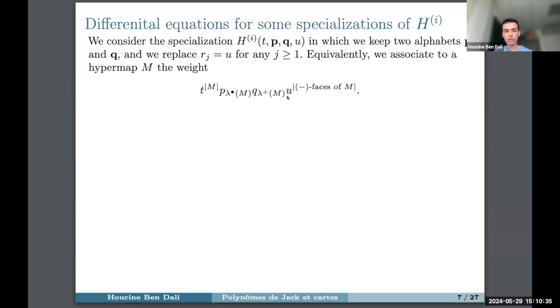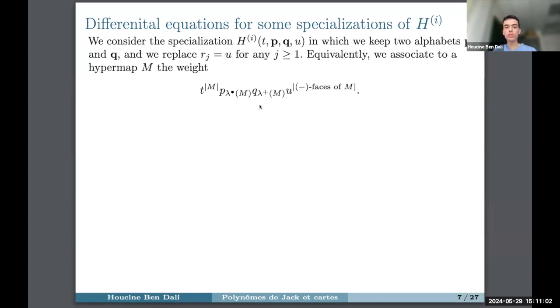So what do we know about these generating series? There is this specialization that Victor already explained, maybe even in a more general setting in his talk, in which we keep two alphabets P and Q, and then we specialize the third alphabet. The specialization works as follows. We replace all the r_j's by one single variable u.